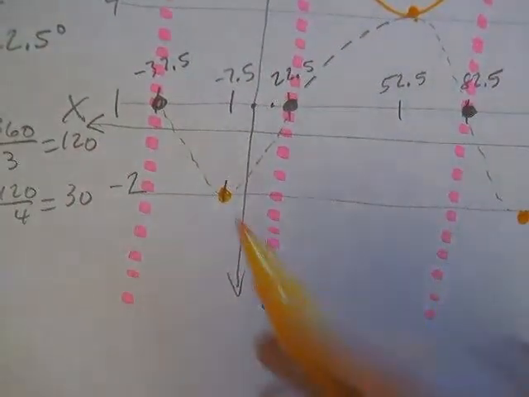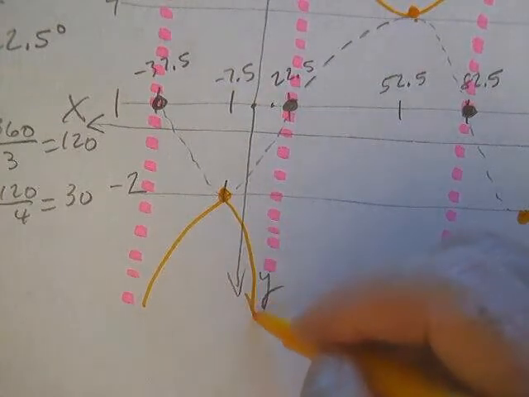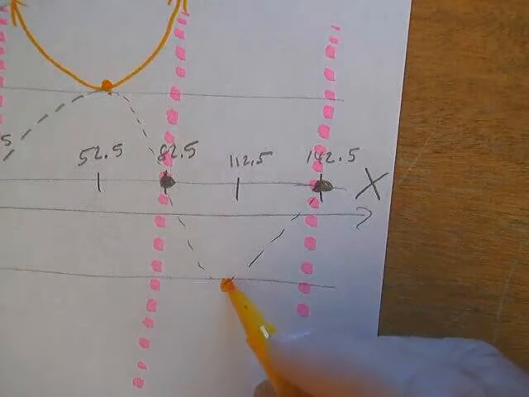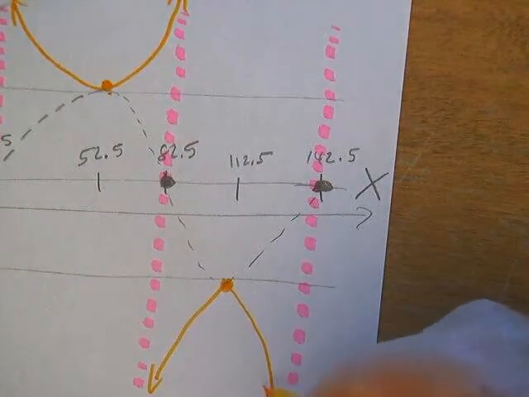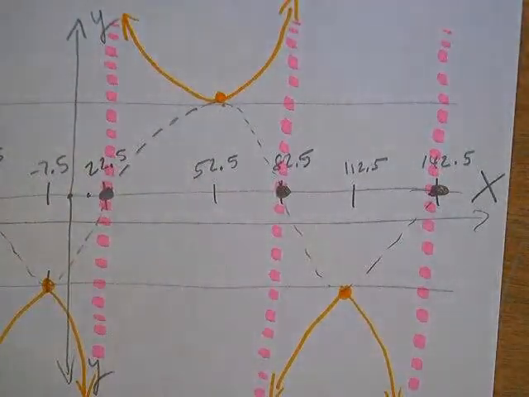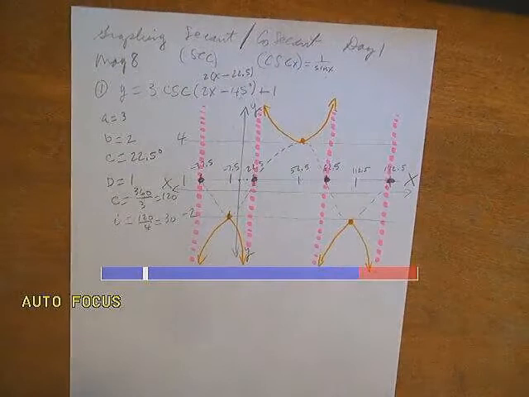Make sure it intersects this point. So over here, I want to go like that. And over here I want to go like that. And so the cosecant is the yellow part.